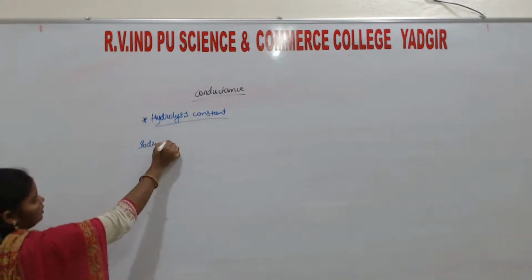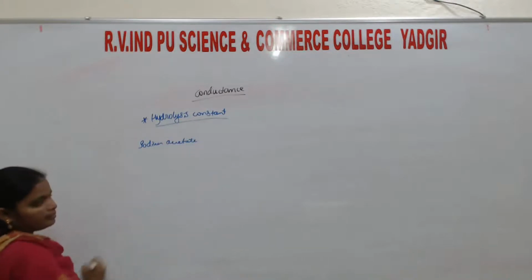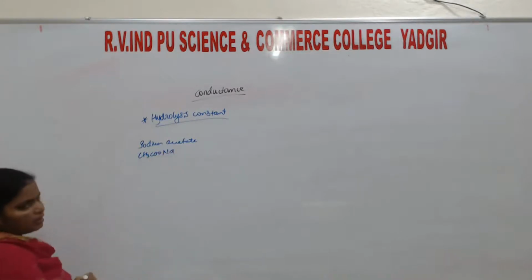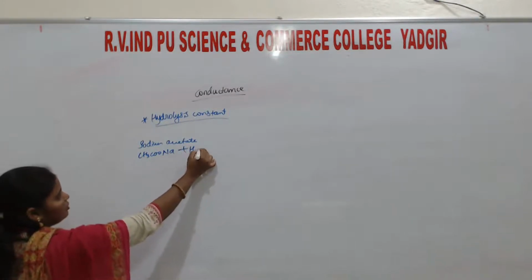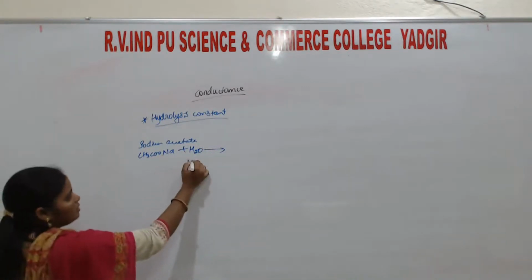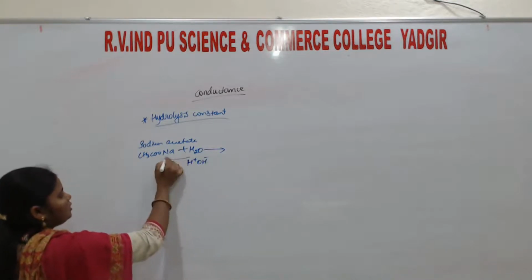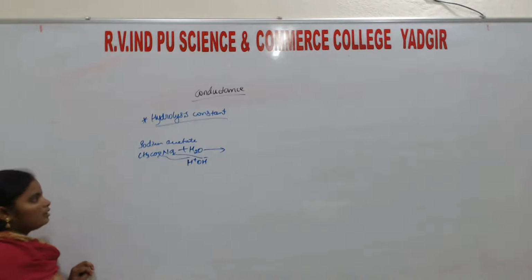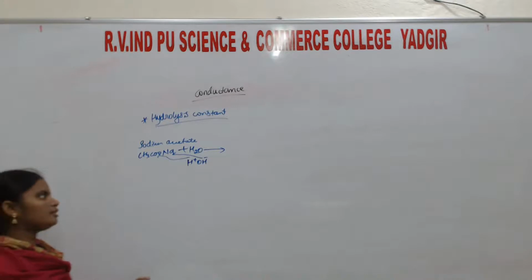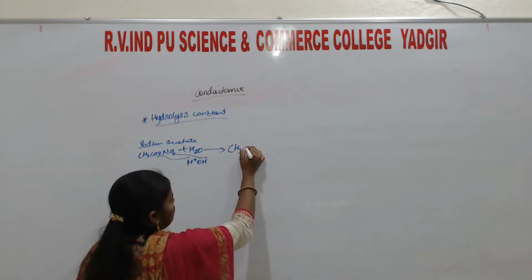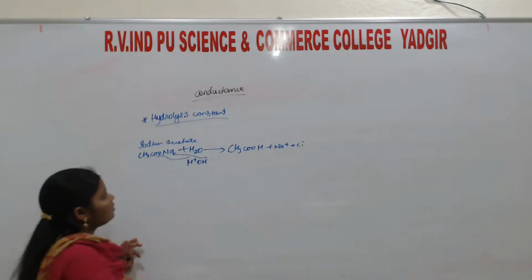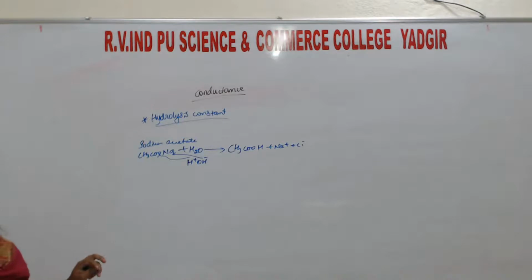CH3COONa is hydrolyzed by H2O, and the formation is H plus and OH minus, giving CH3COOH and Na plus and OH minus.